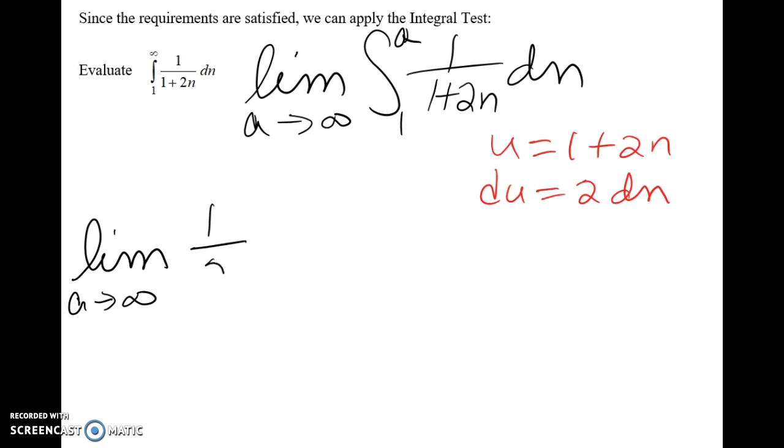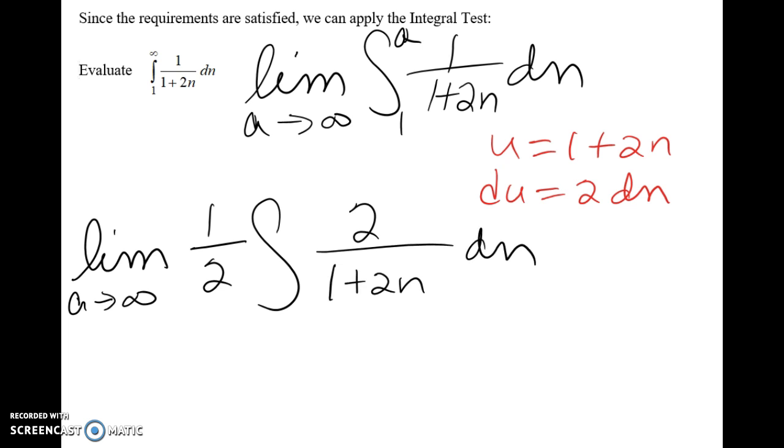We need a 1/2 on the outside and a 2 on the inside, of 1 over 1 plus 2n with respect to n from 1 to a. The integral is in shape to integrate now. We do have the du parts that we need, the 2 and the dn, and so we can integrate.